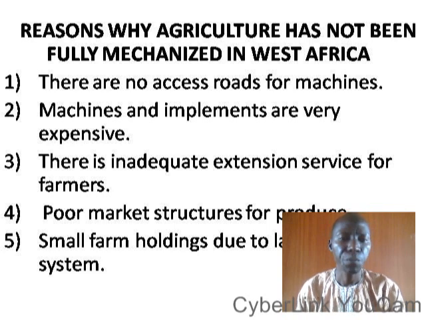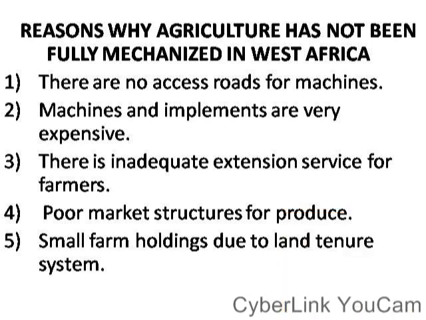Number 4, poor market structures for produce. It is difficult to get a good market structure that can allow the sale of farm produce at a very good price. Number 5, small farm holdings due to land tenure system.